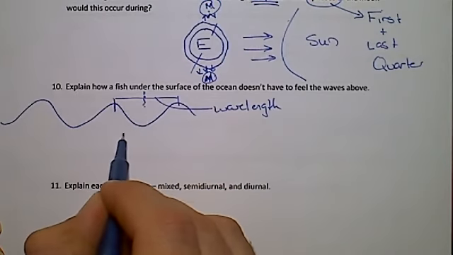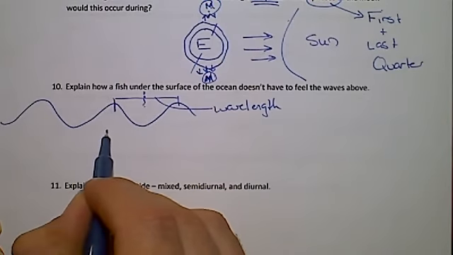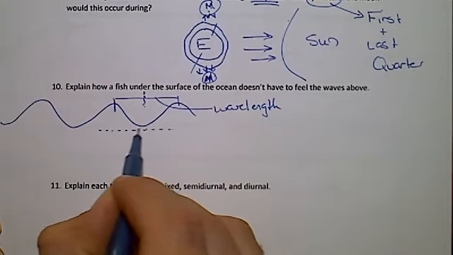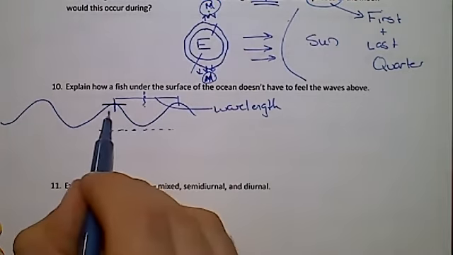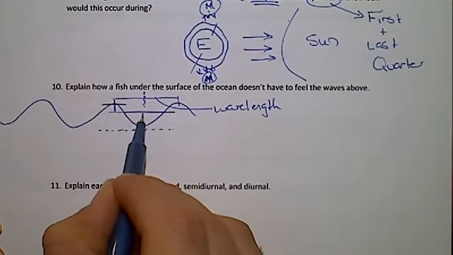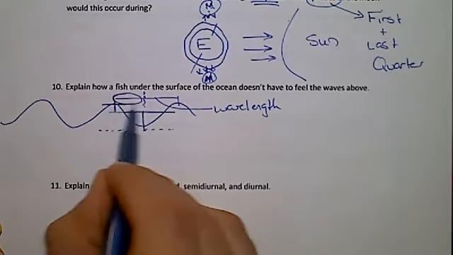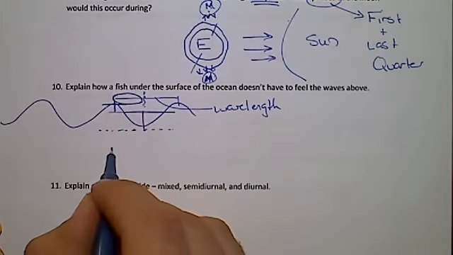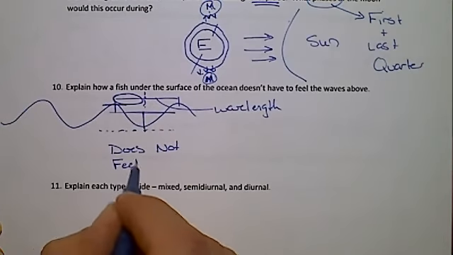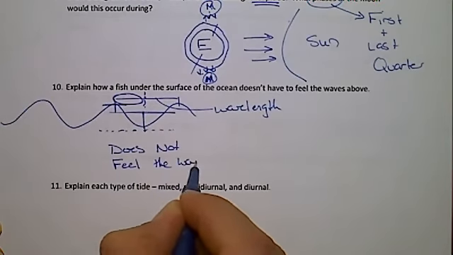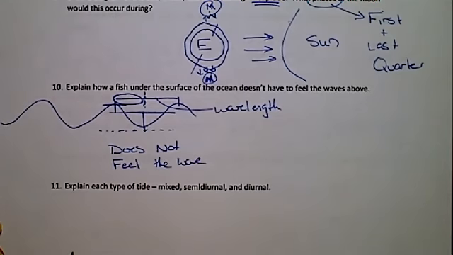So if we were to bring that down here, right, this distance right here from the middle of the wave down is equivalent to this distance right here. Anything below does not feel the wave. So as long as you are deeper than half the wavelength, you are not impacted by that wave.